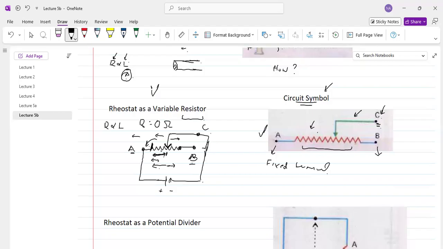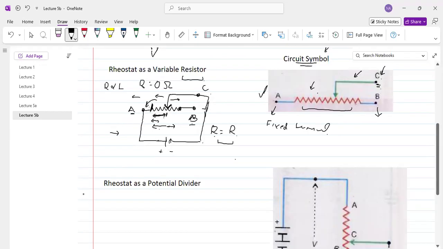This means that the resistance in the circuit will be equal to the total resistance of the wire. Suppose the total resistance of the wire is R. In that case, the whole wire is connected in the circuit and the maximum resistance of the rheostat is used. So this concept is used to deploy the rheostat as a variable resistor in the circuit.